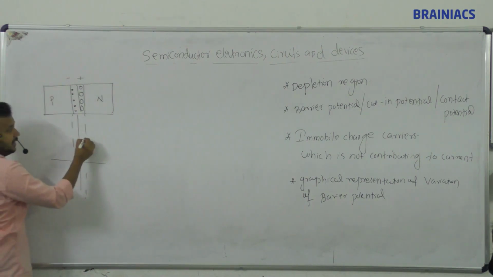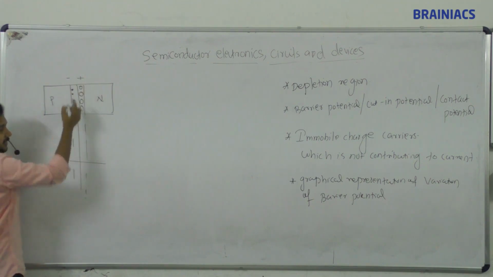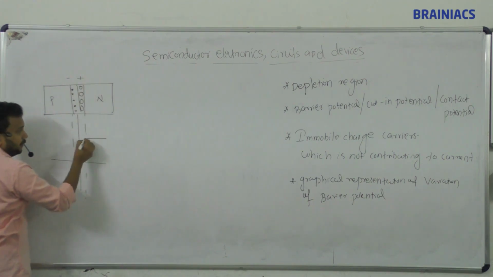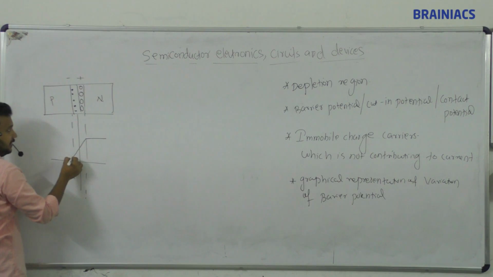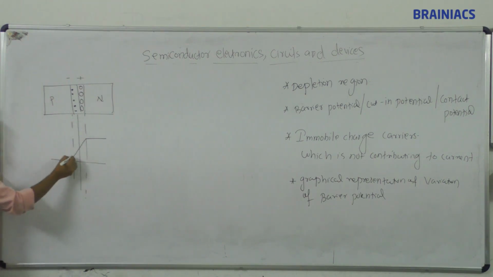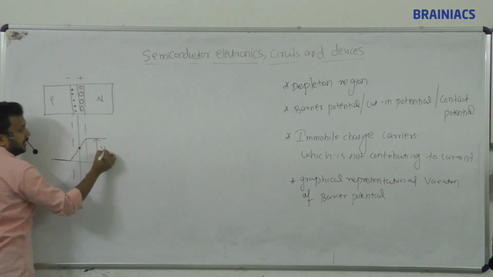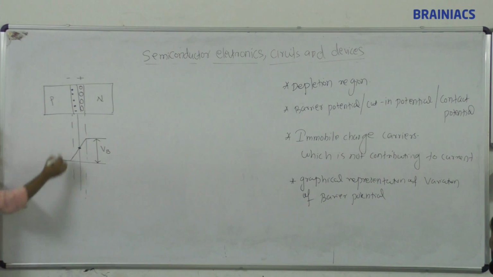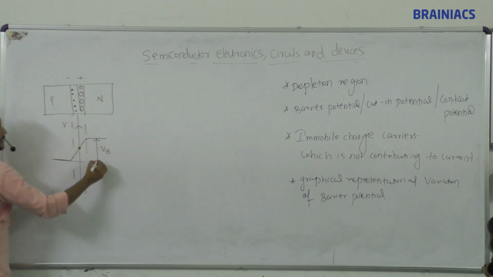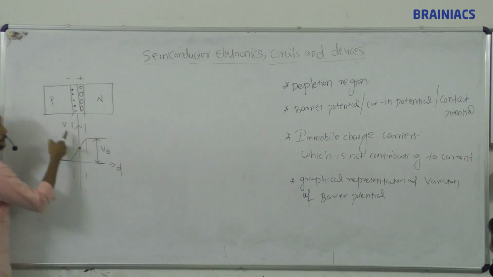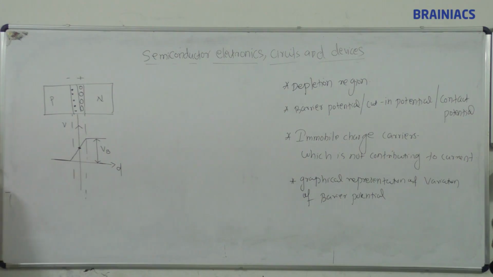The voltage will be higher at the positive side, and it goes down toward the other side. The next one: this is the center region, and this height is called the barrier potential VB. This is the voltage axis and this is the V versus D graph.